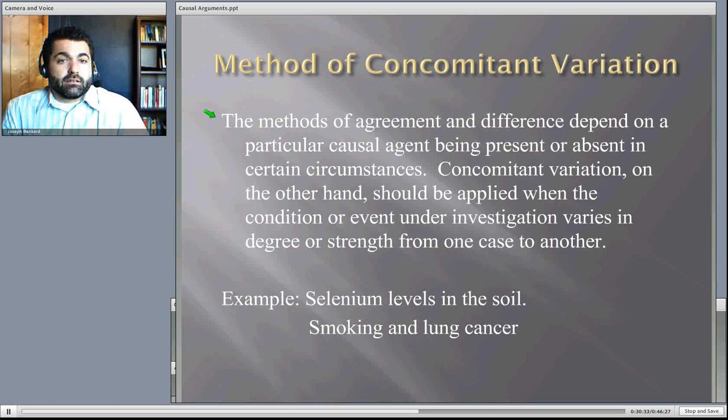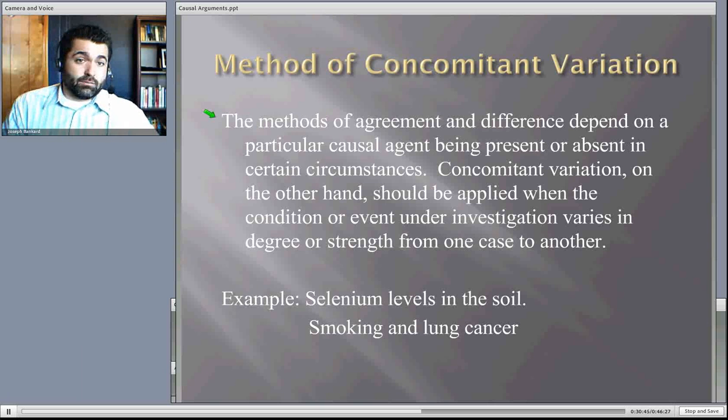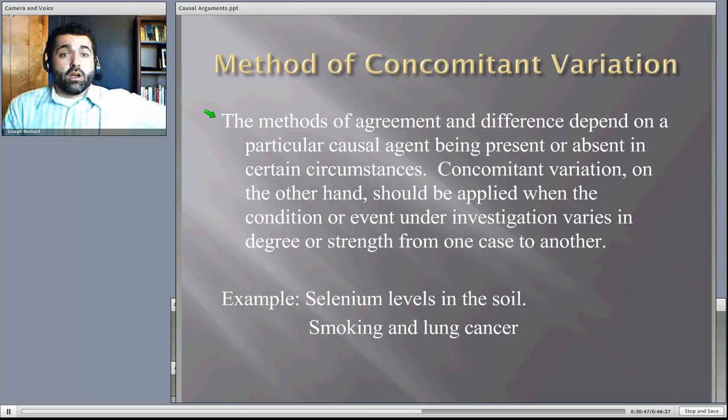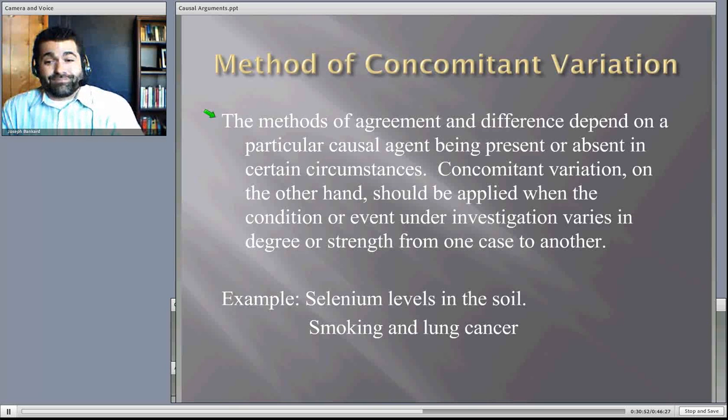So you might take soil samples, and you see that as selenium increases in the soil, you see increases in cases of cancer. As you see in environments where there's a decrease in selenium, you see a decrease in cancer. And you see this constant variation between the two. You can start to say the level of selenium is relevant, is one causal factor for cancer.